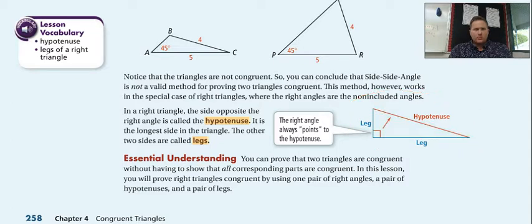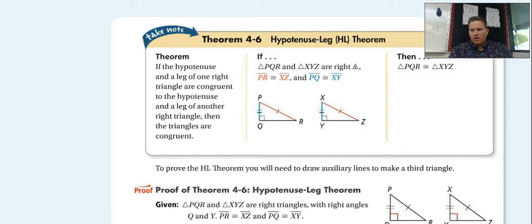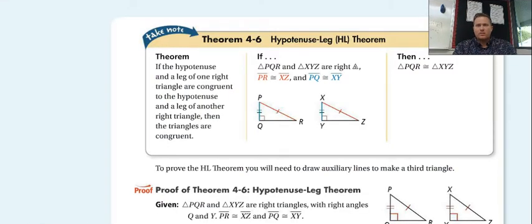Alright, and let's get to one of our theorems that we have here. So our theorem is called the hypotenuse leg theorem. We also call it HL theorem because we love to abbreviate in math. So we're going to write down everything we have inside that box right there.